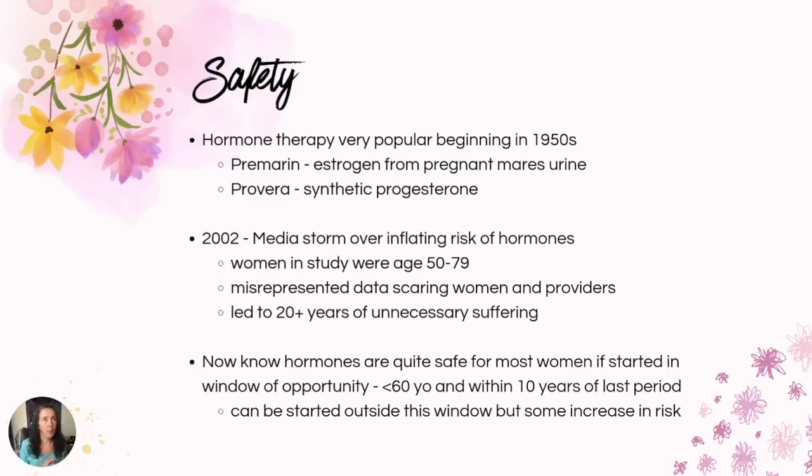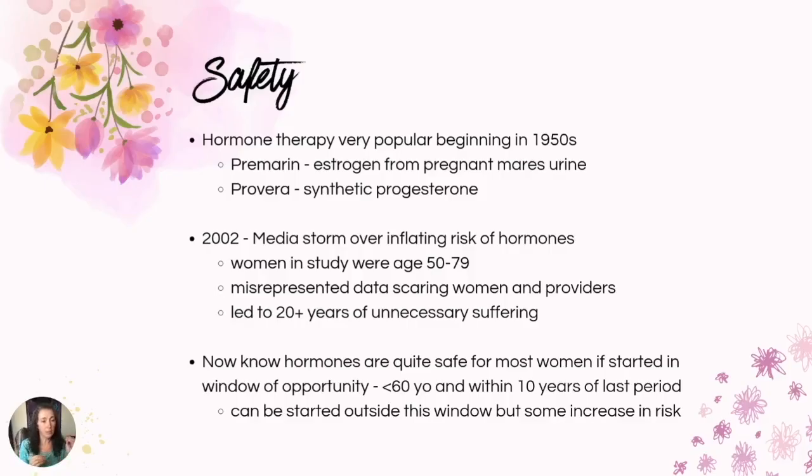One of the challenges is that we were overusing it, though. I think that's what led to what happened in 2002, which was media sensationalism and misrepresentation of data. It was not good science, the way this was reported. It was more of a media storm, and they misrepresented some of the data.